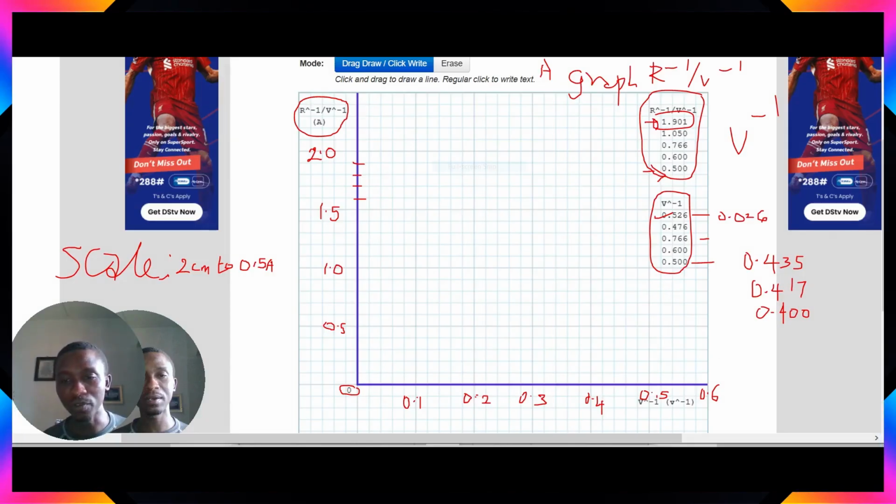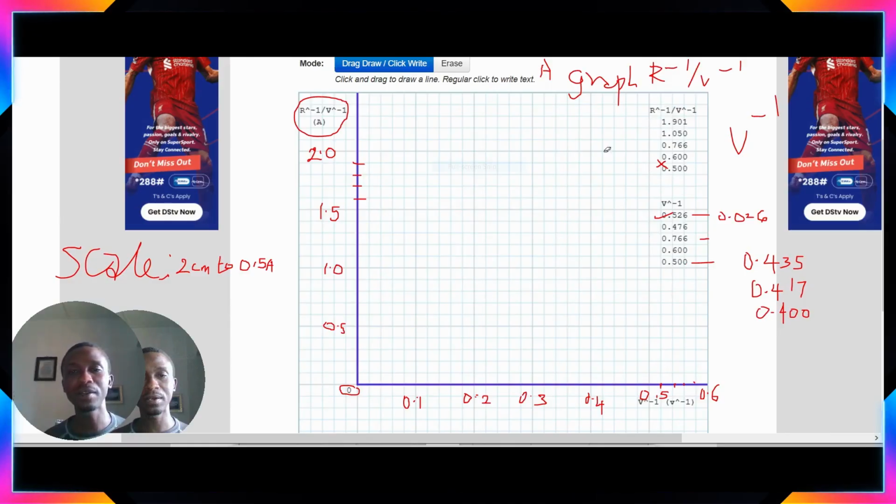If this is 0.5, this should be 0.52, 54, 56, 58, 0.6. So 0.526 here. Then going to 1.9, our point is supposed to be here. So that's where our value is supposed to be.